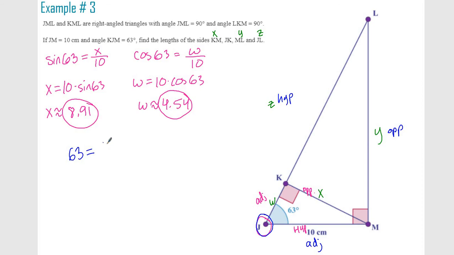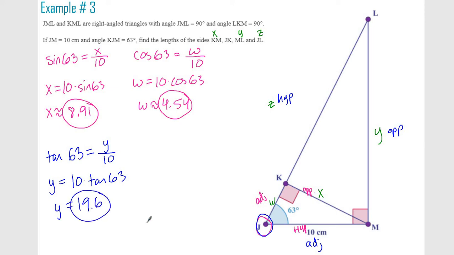That would be y over 10. Well, O over A is a tangent. So to get y, we need to do 10 times the tangent of 63. And that gets us 19.6 as our value.